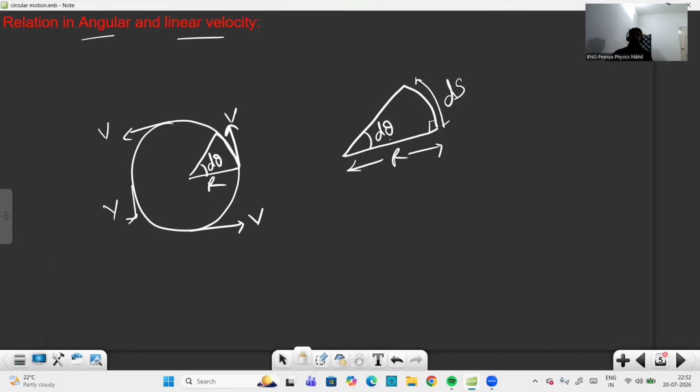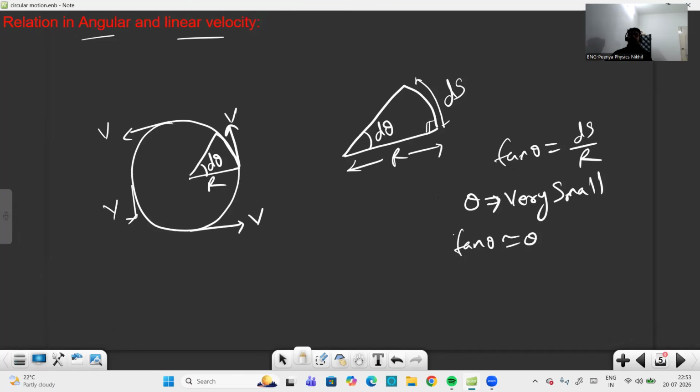Correct? So in this we can say tan theta is opposite by adjacent, so tan theta is ds by r. Because it is a very small part, we can consider it is making 90 degrees here. As theta is very small, tan theta is nearly theta.